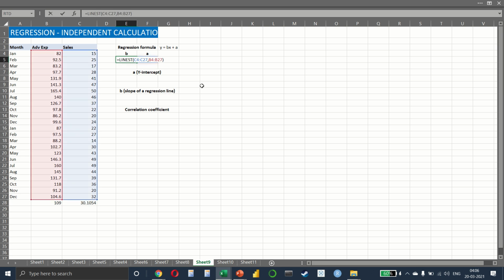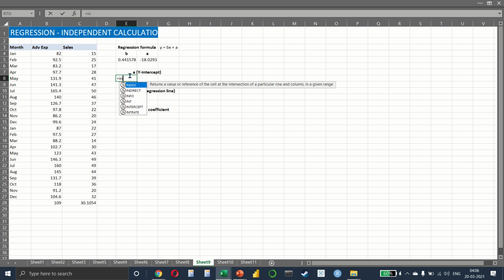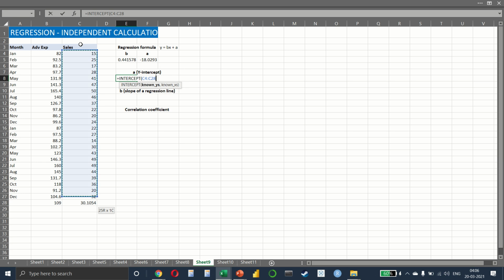We don't really have to run the regression in the Analysis ToolPak, neither do we have to create a chart. We can simply get the equation like this. If you only want the y-intercept, you can write INTERCEPT, and we select sales and add x.